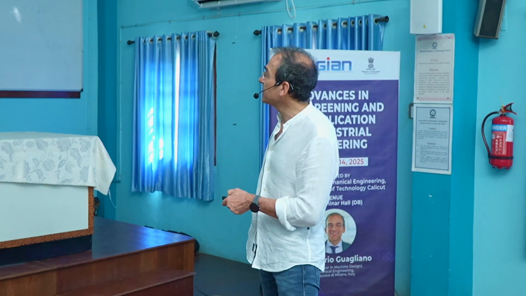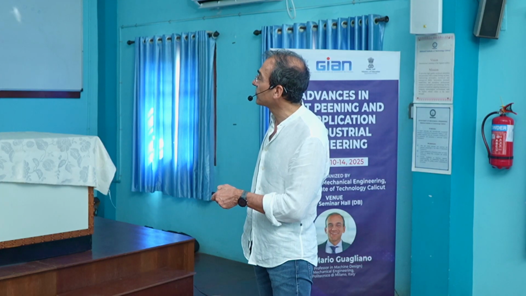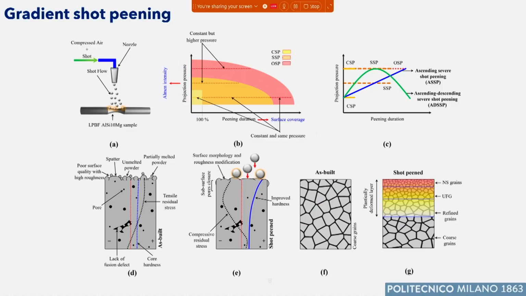And the idea is this. Here is the same graph, and this is the peening duration, time. Here is the projection pressure, so the Almen intensity, let's say. Here is the zone of CSP, and then SSP here. The idea is to apply shot peening not with a constant air pressure, but to perform shot peening increasing the pressure itself during the treatment.